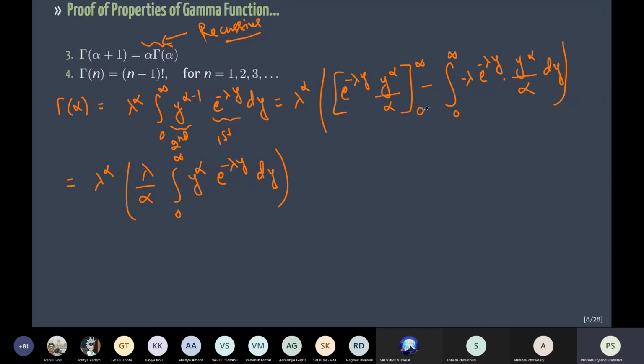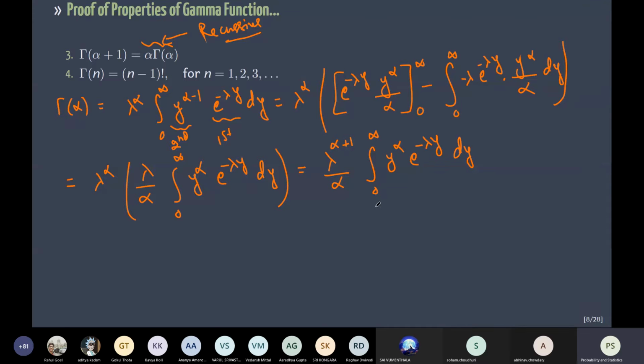Let me write it in a clean way. One lambda goes out, so this is lambda to the alpha plus 1 by alpha, times the integral from 0 to infinity of y to the alpha e to the minus lambda y dy, right?